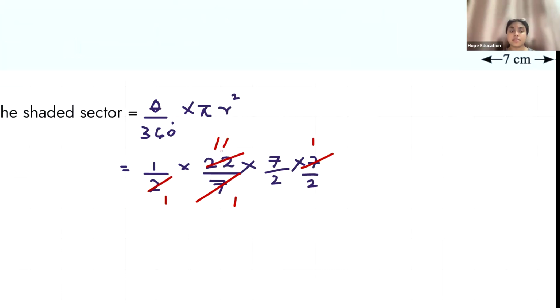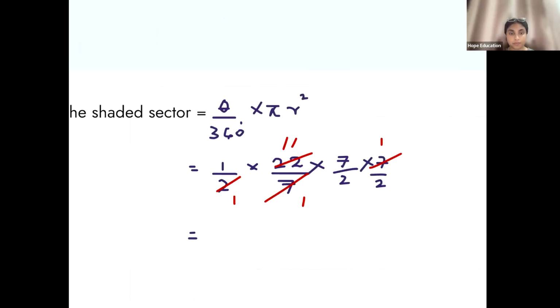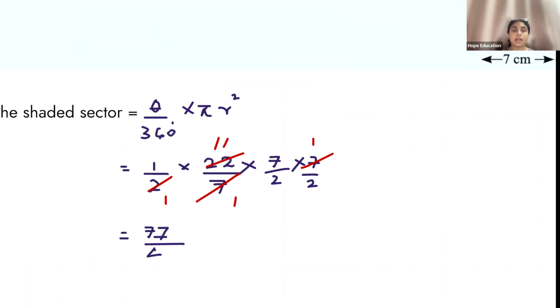Seems like there's nothing else that we can cut and chop. So 11 times 7 is 77. 77 divided by 4. It's like that, I'll just leave it like this for now, and let's look at the unshaded area.